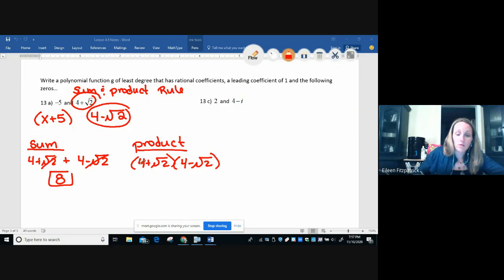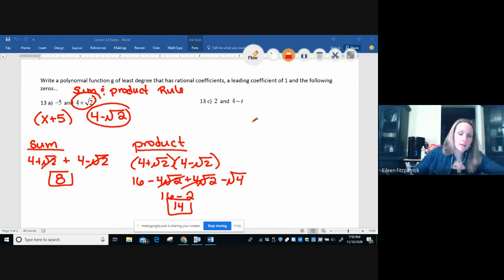So when you FOIL, 4 times 4 is 16. 4 times negative root 2 is negative 4 root 2. Root 2 times 4 is positive 4 root 2. And root 2 times negative root 2 is negative root 4. So the middle terms cancel. You're left with 16 minus 2, right? Because the square root of 4 is 2, which gives you a product of 14.